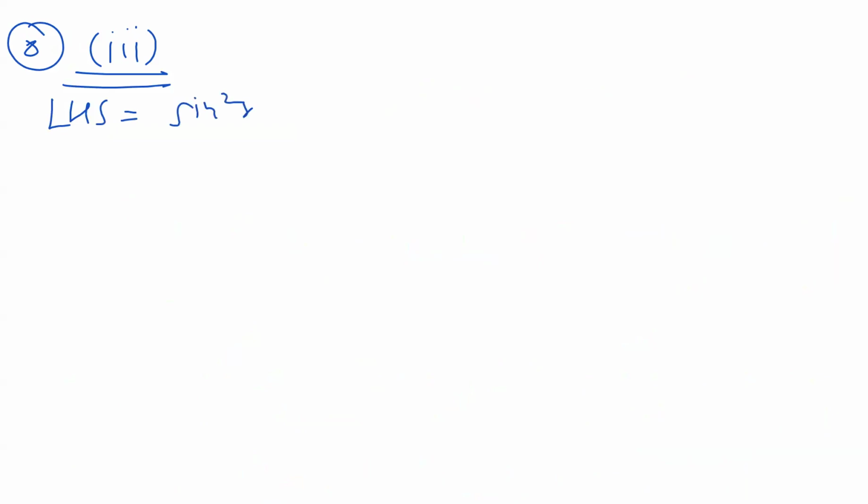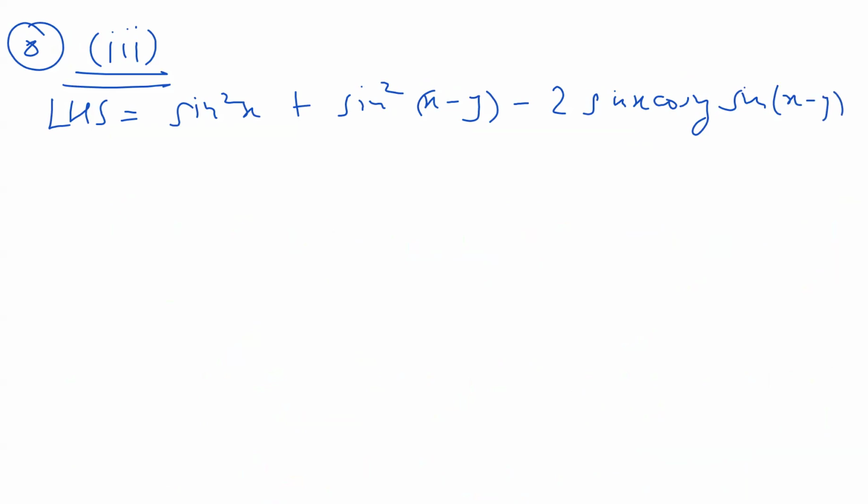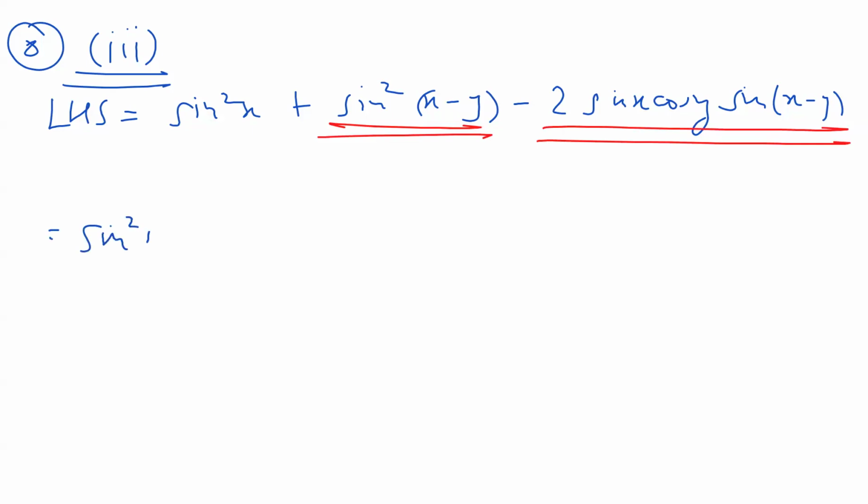Let's go to question number 8, sub question 3. So the left hand side is sin square x plus sin(x minus y) into [sin(x minus y) minus 2 sin x cos y]. Sin(x minus y) is common here, so I am going to take it common.